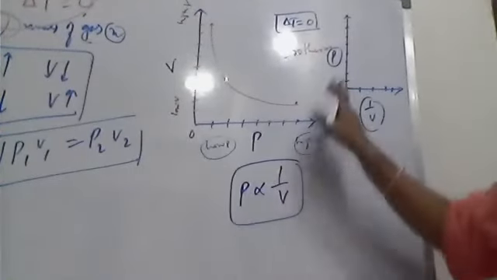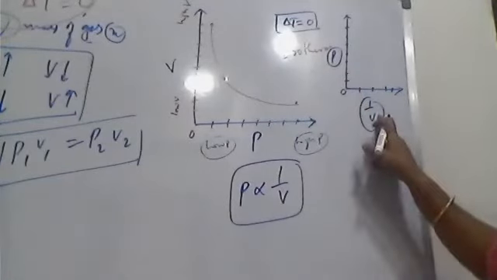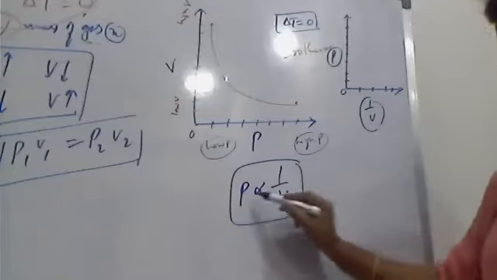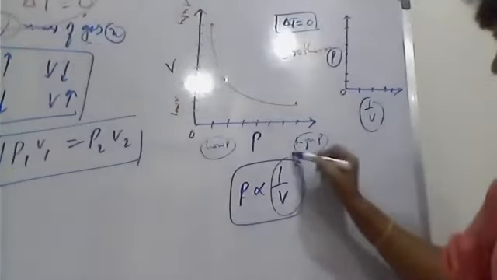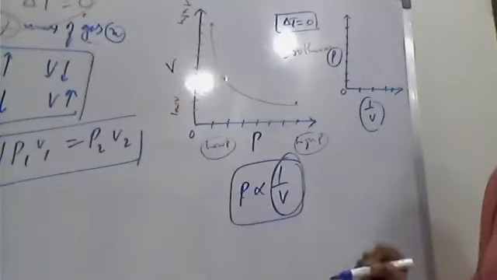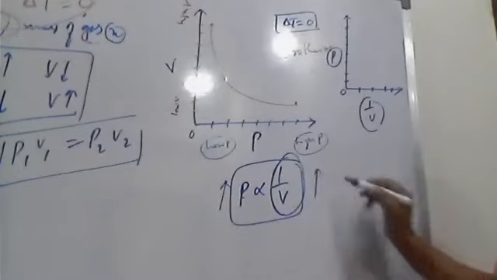So here P is taken along the y-axis and 1 by V along the x-axis. Pressure and volume are inversely proportional, but 1 by V is directly proportional. So as P increases, 1 by V increases.